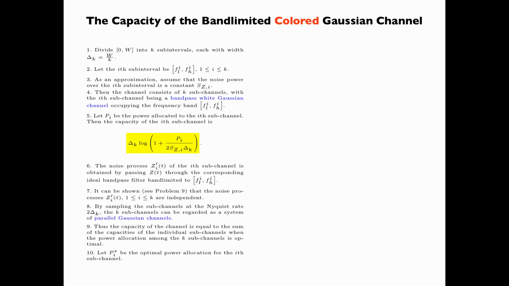In step 5, we obtained the capacity of the ith subchannel when Pi is the power allocated to that subchannel. Then the capacity of the system of parallel Gaussian channels is equal to the summation over i from 1 up to k of Δk log(1 + Pi*/(2 S_Z,i Δk)), where the fraction inside the logarithm can be written as (Pi*/(2Δk))/S_Z,i.